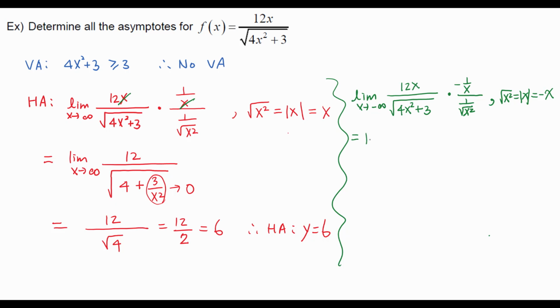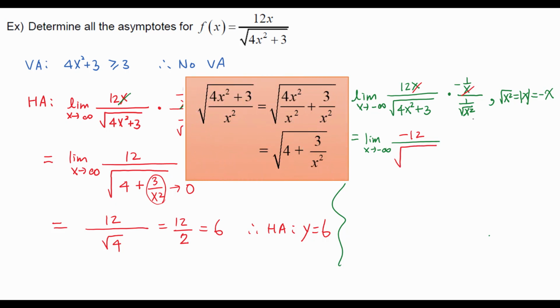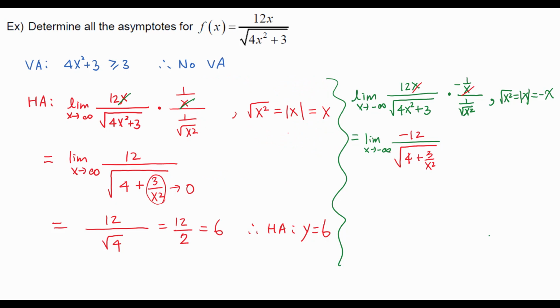Then this is equal to the limit as x approaches negative infinity. The x's get canceled again. I get negative 12 on the numerator. The square root of 4x squared over x squared is the square root of 4 plus 3 over x squared. As x goes to negative infinity, this value goes to 0 again.